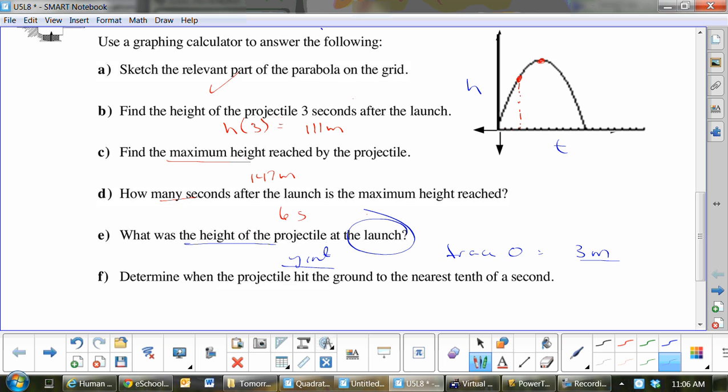When did it hit the ground? AKA x-intercept. And at the x-intercept, now at the y-intercept, x equals 0, right? At the y-intercept, x equals 0. At the x-intercept, y equals 0. So make y2 equal 0, right?